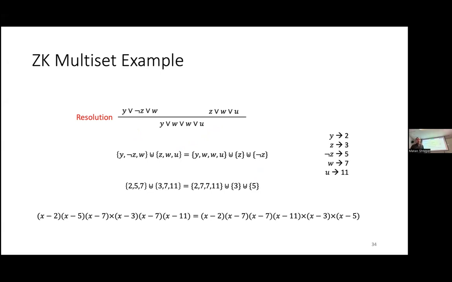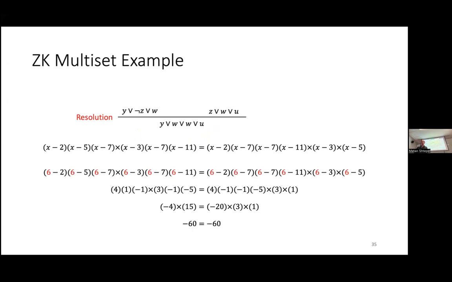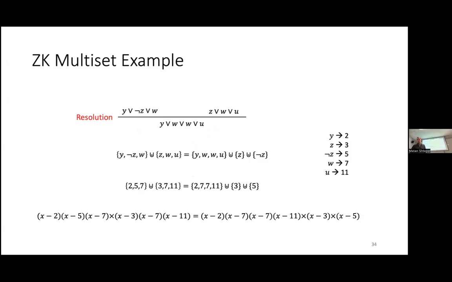If we plug in the value of 6 for x, we reduce both of these sides down to -60. And since we got the same result for both, that means with high probability that these two polynomials are the same. And since we have a bijective mapping from these polynomials back to our starting multisets, that means with high probability that this application of resolution is valid as well.